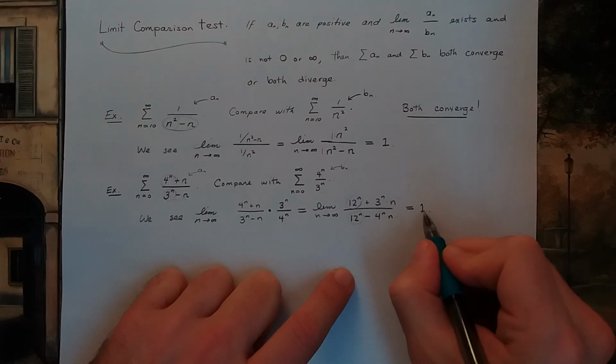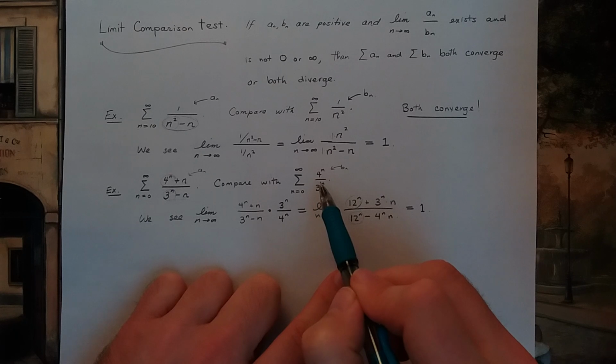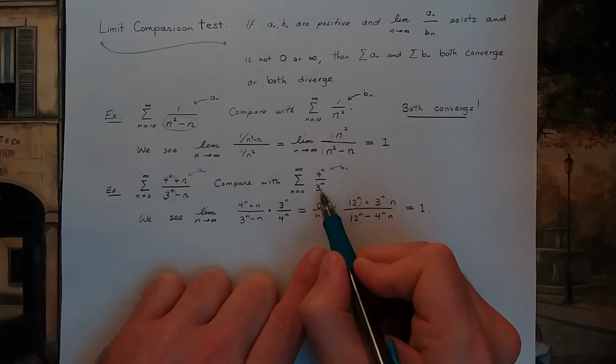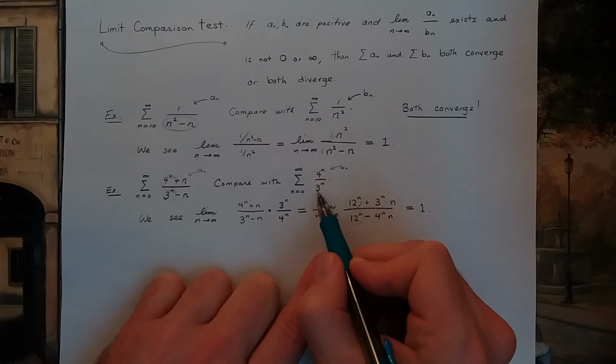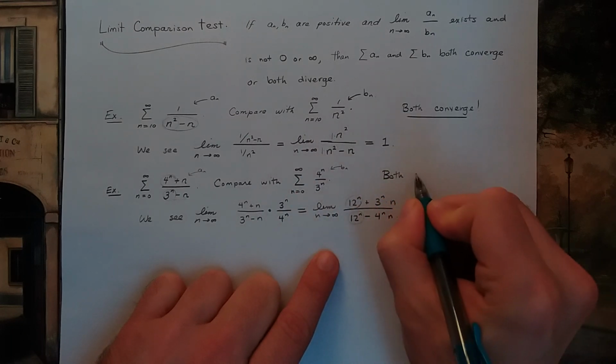But in this case, I kind of knew the answer was 1. That means both of these series do the same thing. This series diverges. I could tell it's a geometric series with the ratio being 4 over 3, larger than 1. So both diverge.